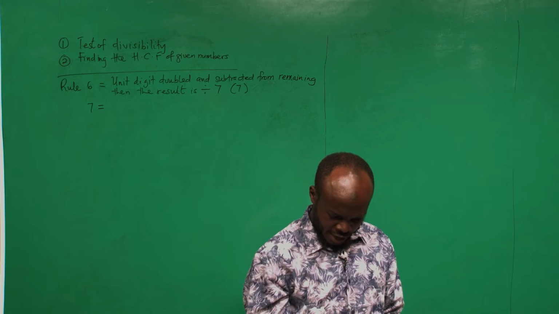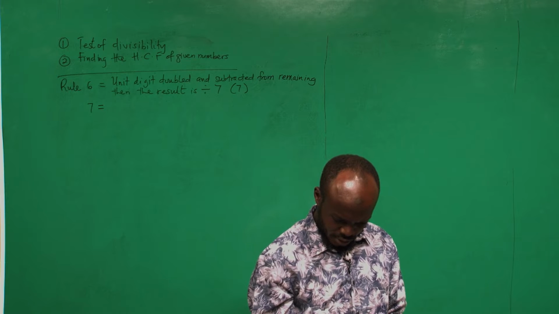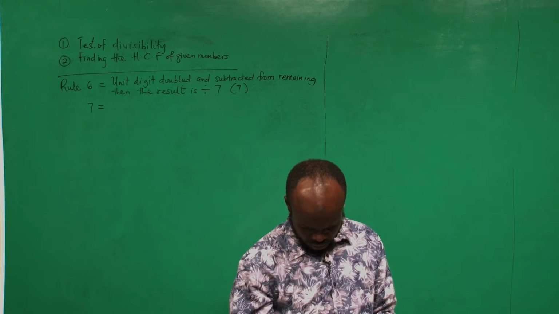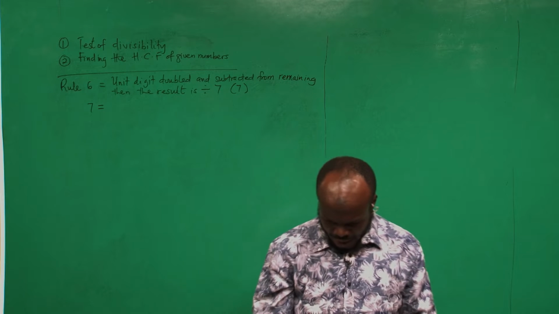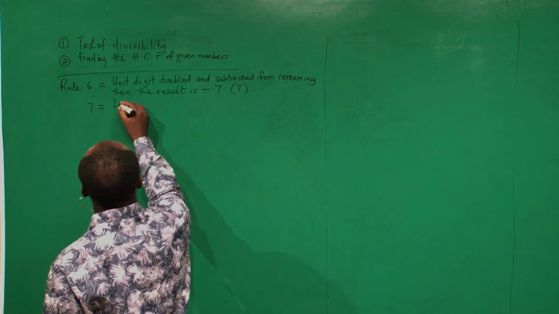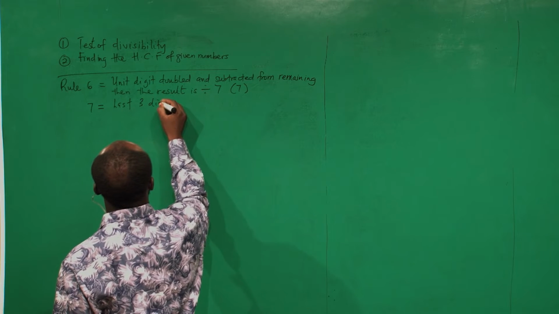For numbers being divided by 8, if the last 3 digits are divisible by 8. The last 3 digits.